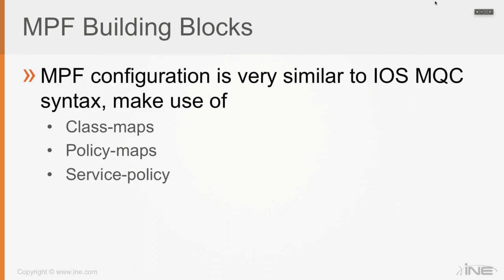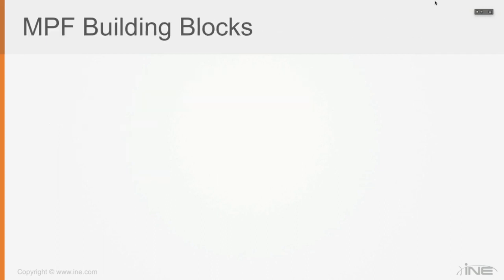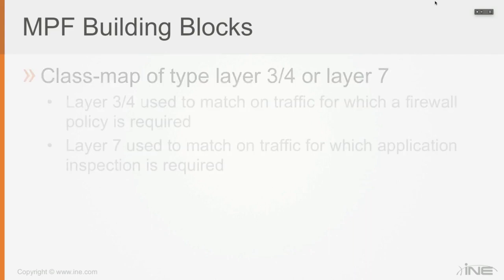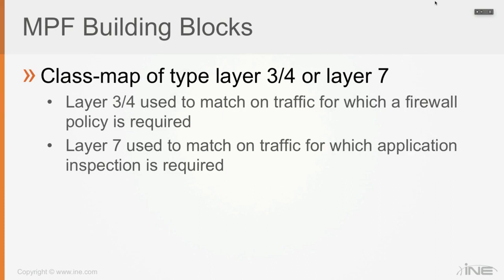Just like in the case of IOS with the zone-based policy firewall, the class map can be of type layer 3/4 or layer 7. If it's a layer 3/4 class map, that's going to be used to match on traffic for which a firewall policy is required.